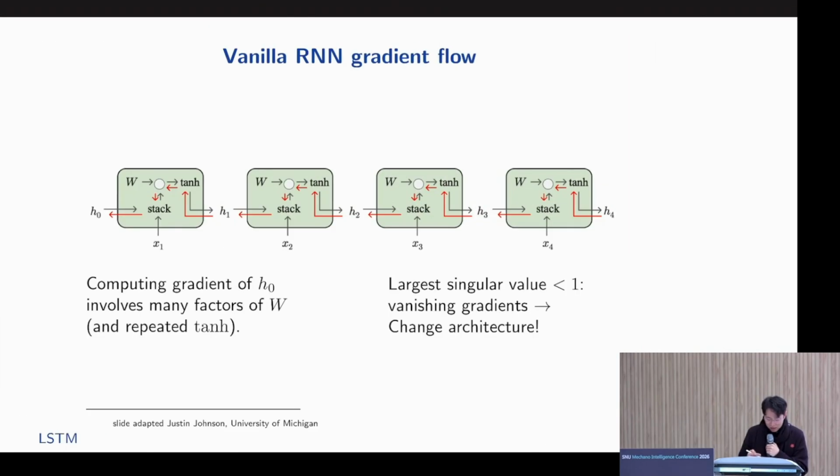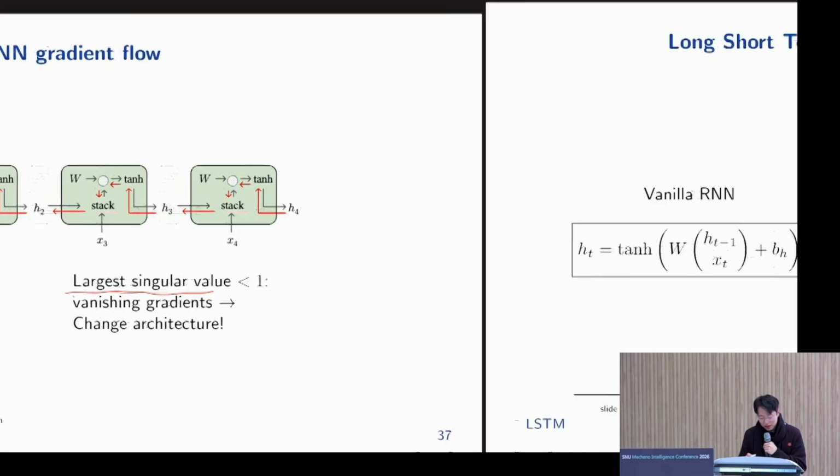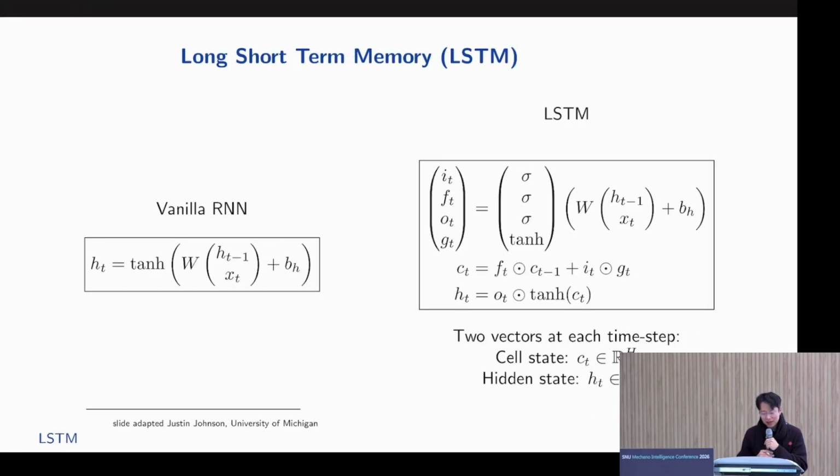But the bigger problem is if the largest singular value of the matrix is less than 1, then it's going to go to a very small number and we're going to have vanishing gradient. So this one is harder to bypass or handle. So we're going to change the architecture, and this is the LSTM architecture. So previously we had this vanilla RNN where we stack the inputs and multiply some matrix.